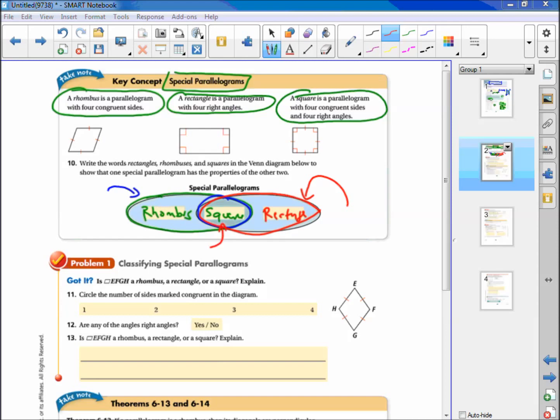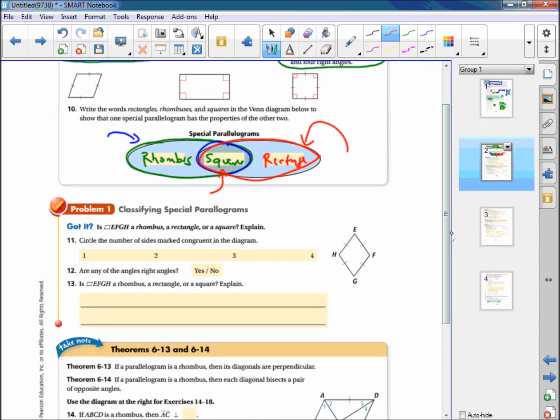A square is also a rhombus and a rectangle, and that's why the blue circle is inside of both the green and the red one, because the blue circle contains squares, which are extra special. They have all the properties of rhombuses and rectangles. So a square could be a rhombus or a rectangle, but not the opposite way around. A rhombus is not necessarily a square, and a rectangle is not necessarily a square.